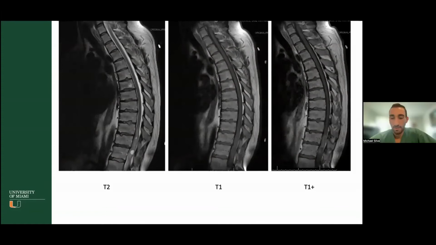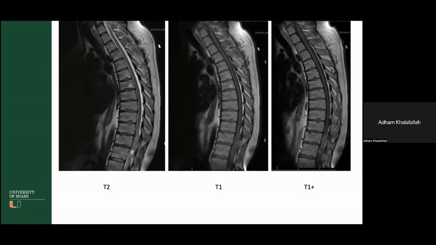So we're going to move up to the thoracic spine. You want to tell us what you see here? Sure. On the T2, you see probably an intradural intramedullary tumor there at the level, I'm assuming, of T12. Is that T12? Yeah, exactly. On T1 with contrast, with gad, it's not enhancing.